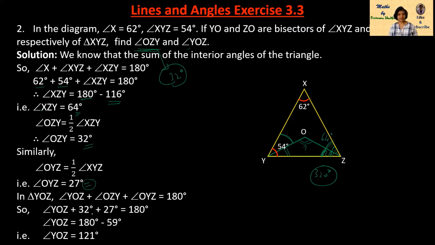So these two angles, 32 plus 27, will be added and subtracted from 180, and we will get this angle YOZ. So YOZ equals 180 minus 59, the sum of 32 and 27, which is 59. We subtract this from 180 and we get 121. So this angle will be 121 degrees. Clear?